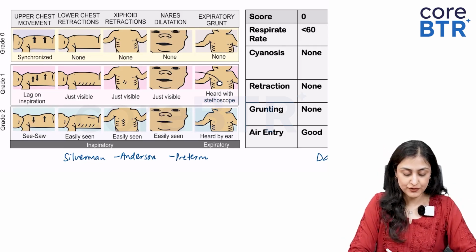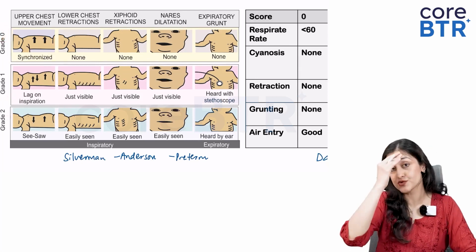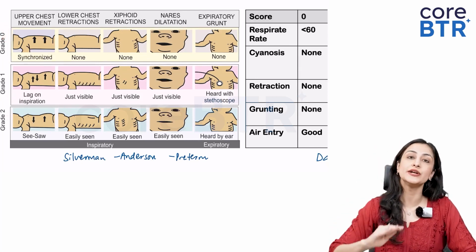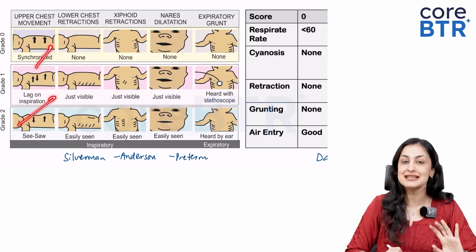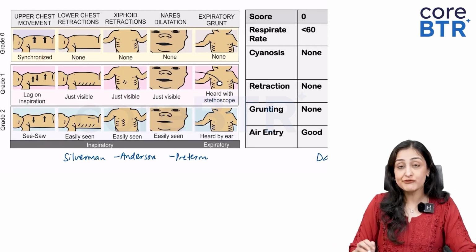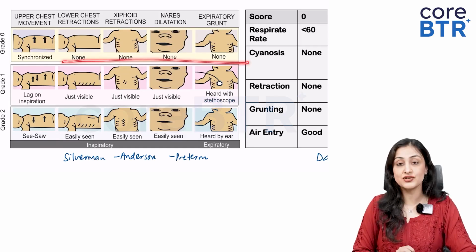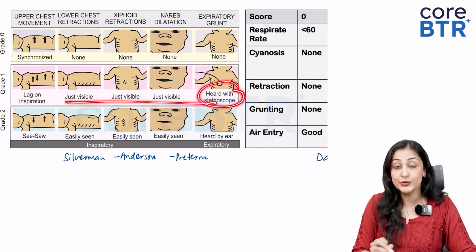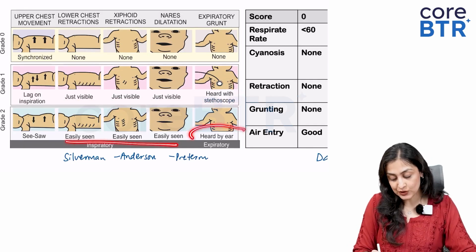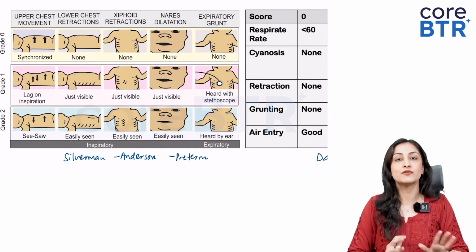First of all, a higher score means worse, so you need to be careful. 0, 1 and 2, more marks means more severe. So synchronized, lags and seesaw. Then for everything else: no retractions, nares dilatation or grunt; just visible or heard with stethoscope; or easily seen or easily heard. That's how you can remember this.